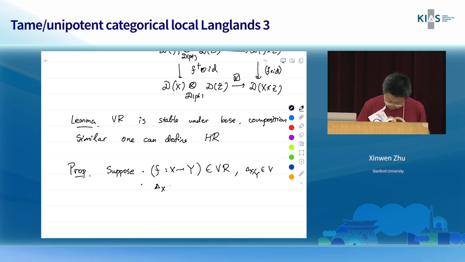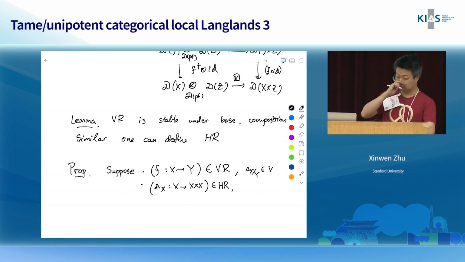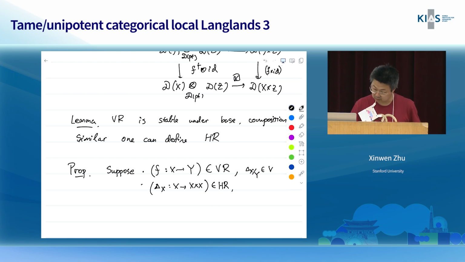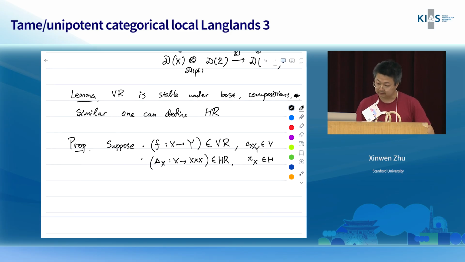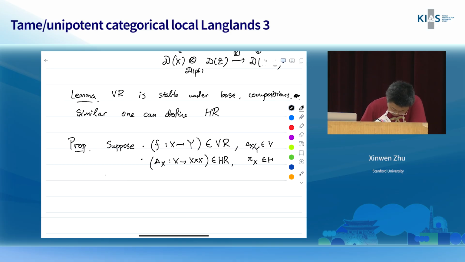Before, when we talked about algebra objects, we required the diagonal to belong to H. You can pull back, but I want this to be horizontally right adjointable, and also recall we have pi X projecting to a point is in H. The third assumption can be weakened, but it is enough for our purpose.